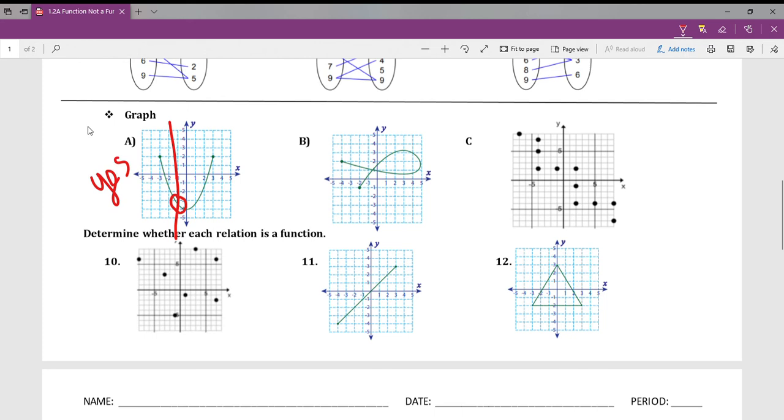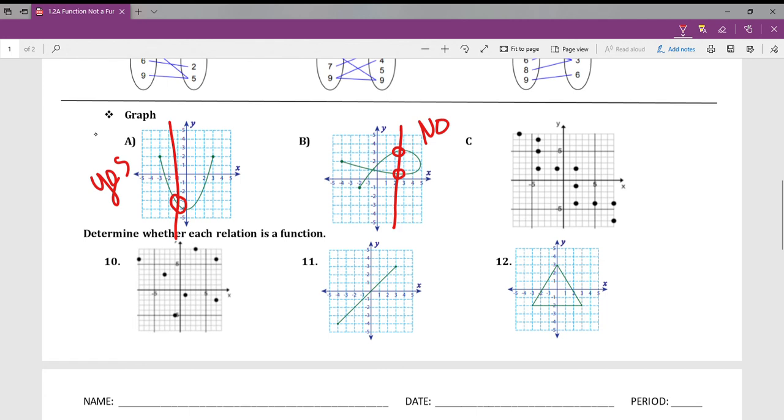Okay, let's try another one. Example B. Same thing, I'm going to draw that vertical line, except here I hit the graph twice. No, it's not a function. Okay, and this last one, example C, is a little weird because it has points, but same thing.